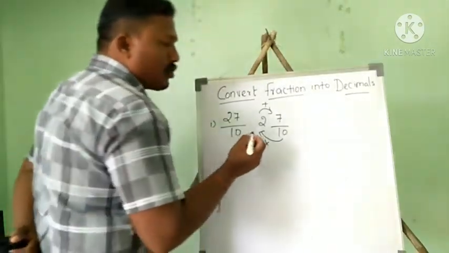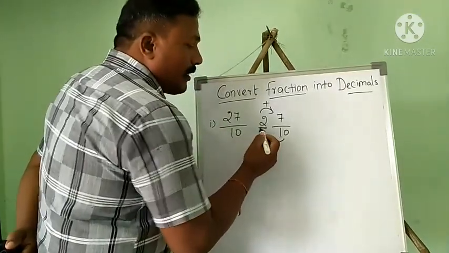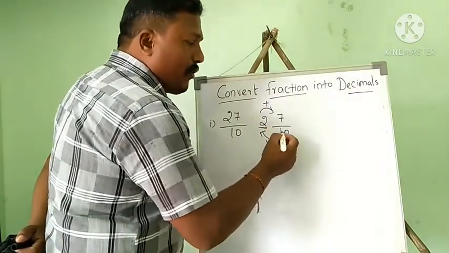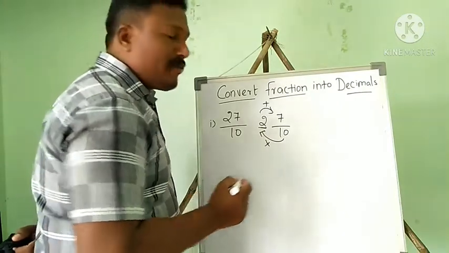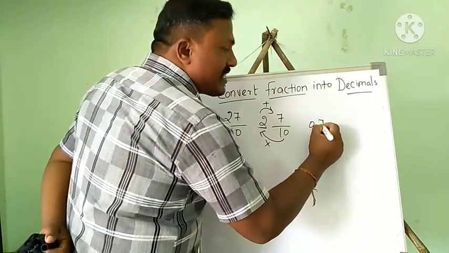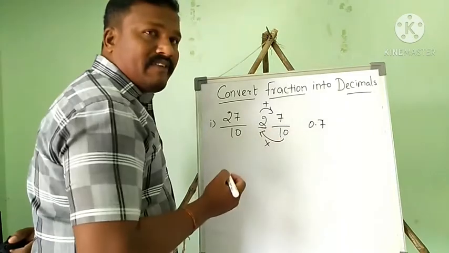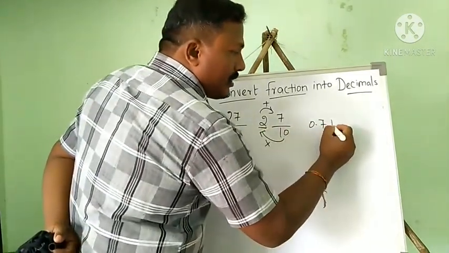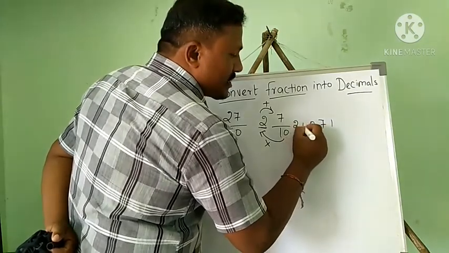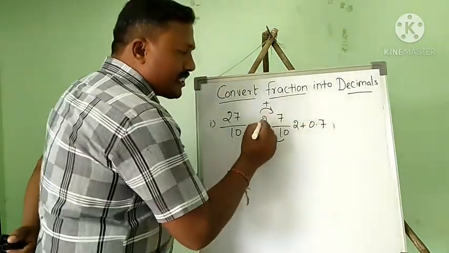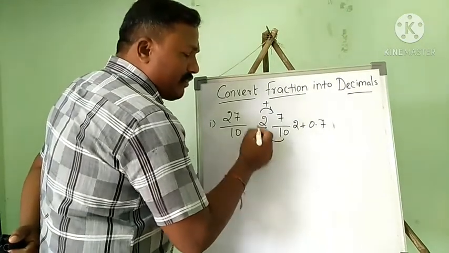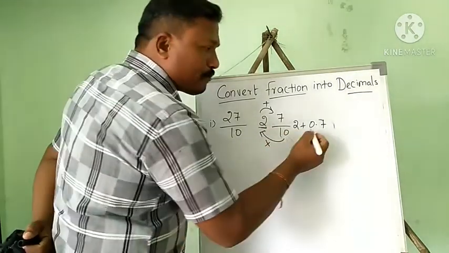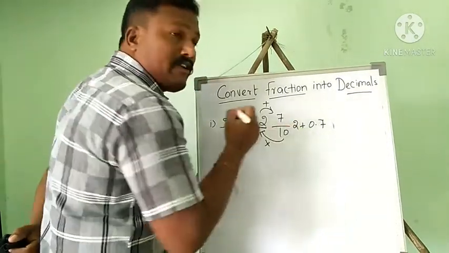So I leave the whole part as it is. Now you know 7 by 10, what is the value of 7 by 10? 0.7 is the value of 7 upon 10. So I will add here 2 plus, because we have to multiply and then add. 2 is the whole part, 0.7 is the value of 7 by 10.